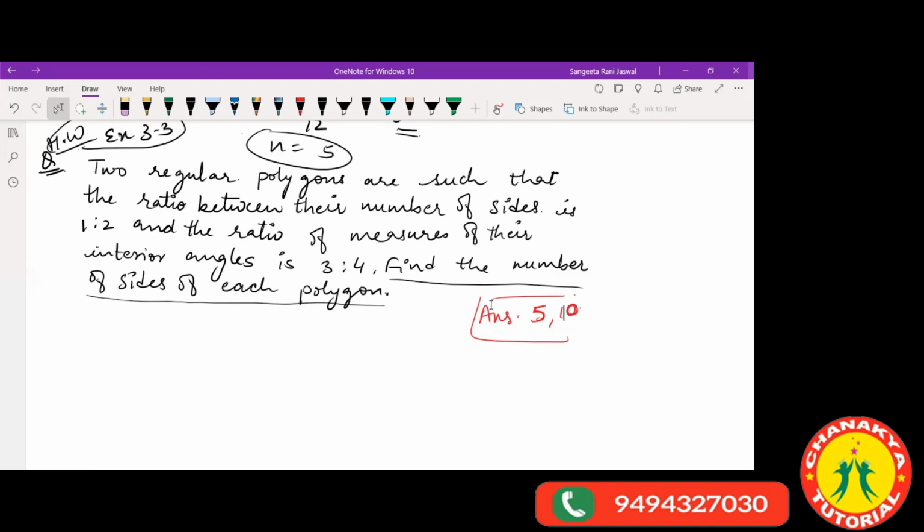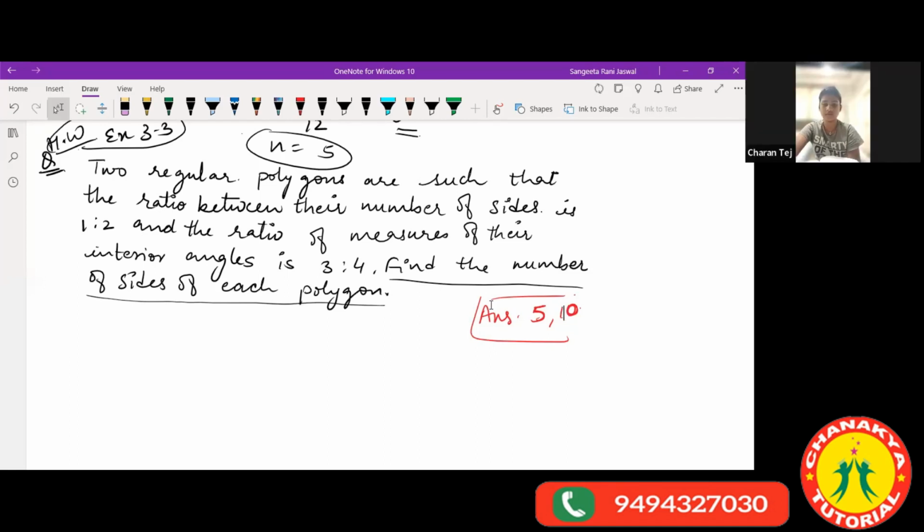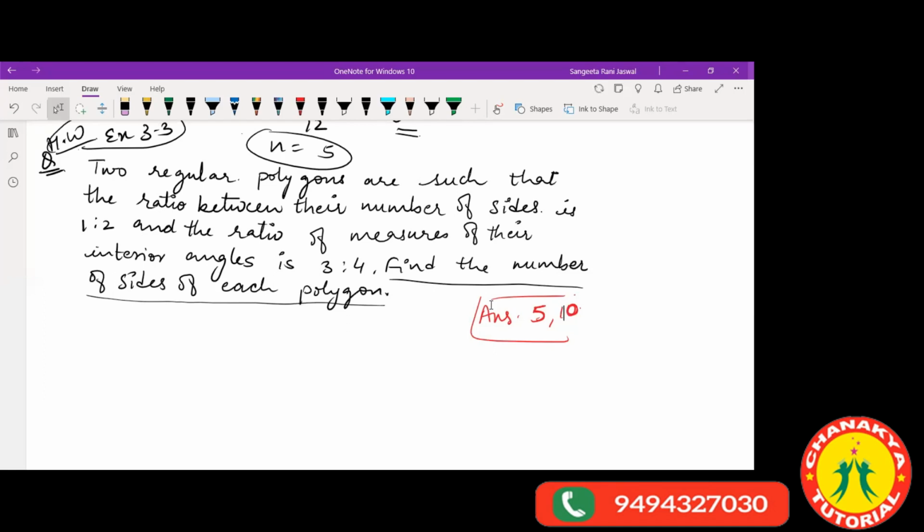Which chapter is there? Quadrilaterals? Yes, that's quadrilaterals only. So please prepare it thoroughly, and I'll send you the answer for this. Thank you for now.